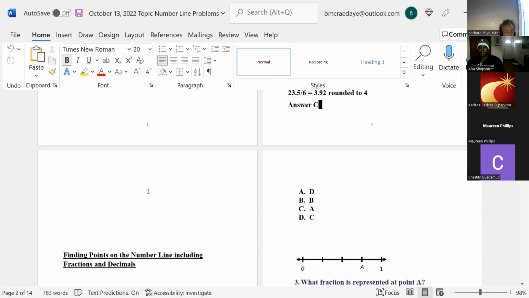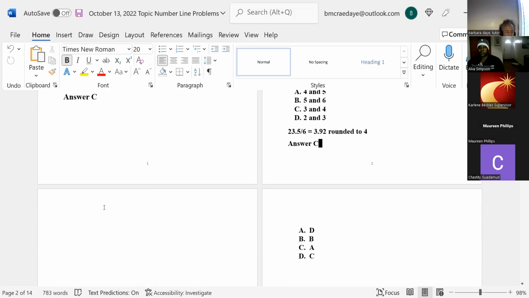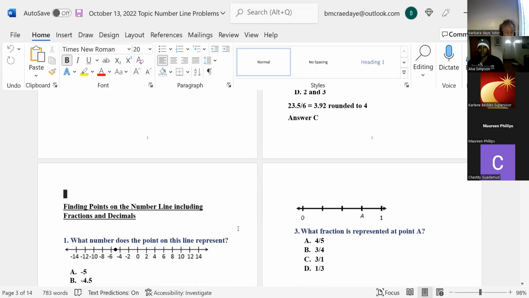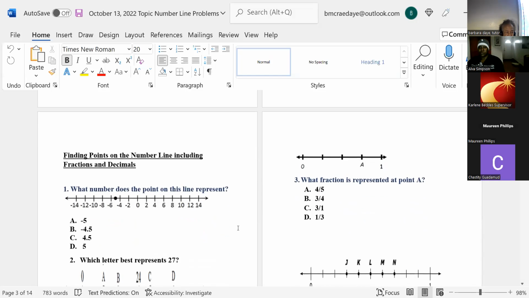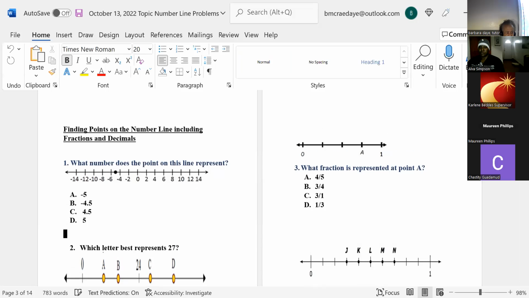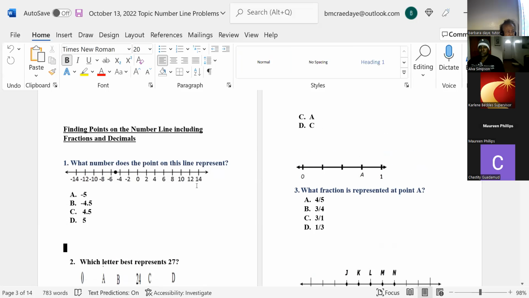All right. Now, let's look at finding points on the number line, including fractions and decimals. Now, Maureen, number 1, I want you to read it and then think about it and tell me what your answer is. Can you see it? Do I need to make it bigger?